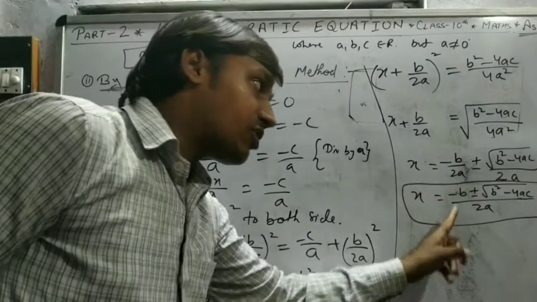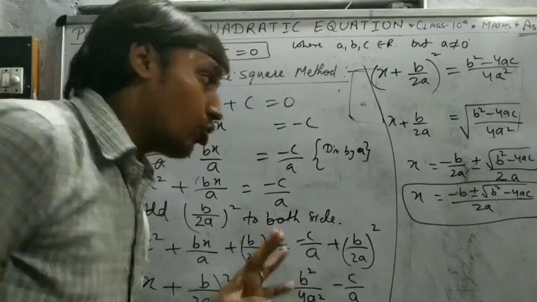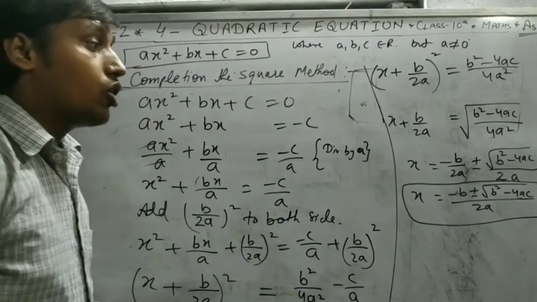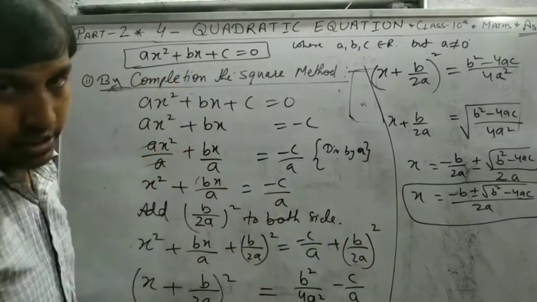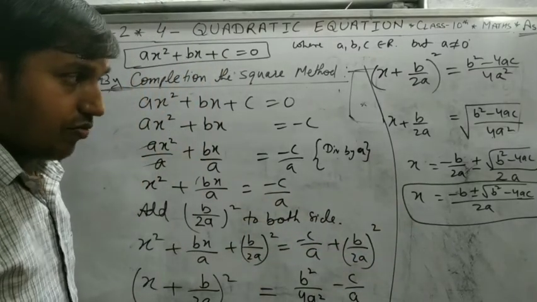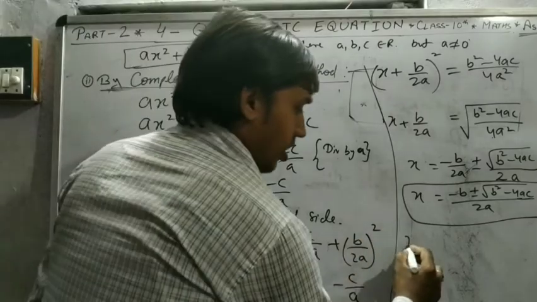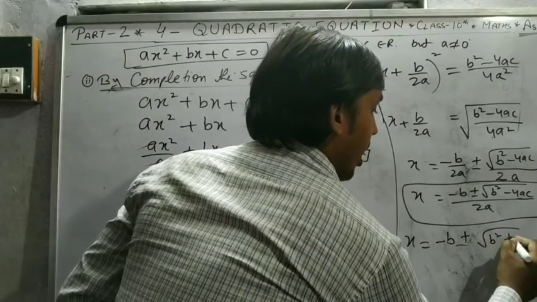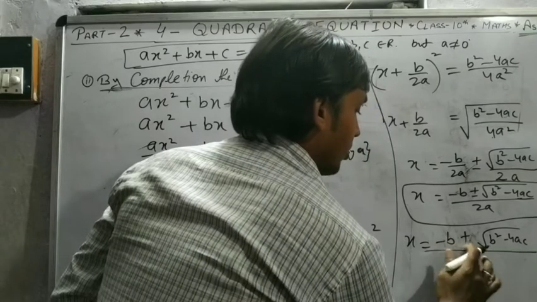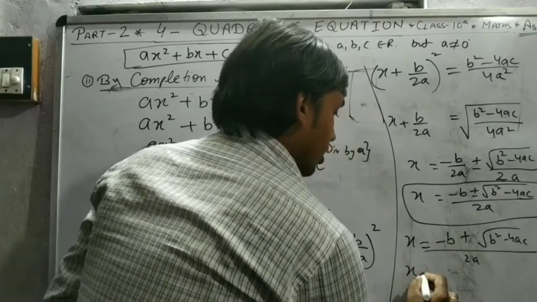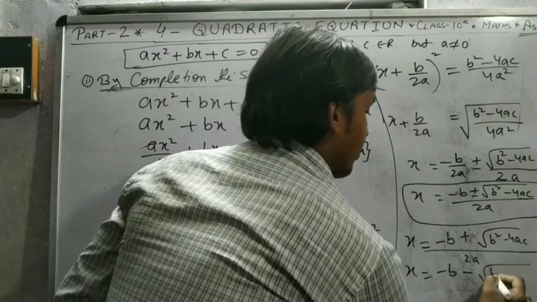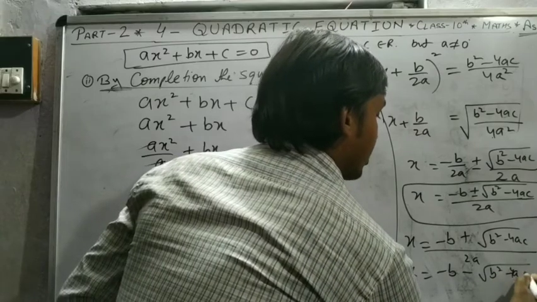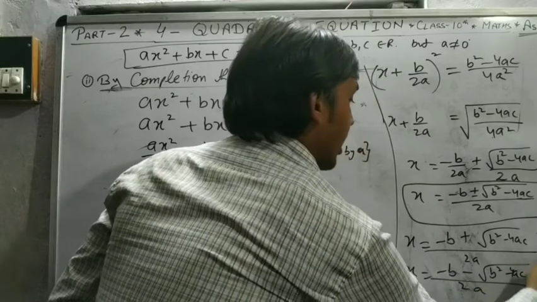First we take the positive sign, second we take the negative sign. So these are the two roots of this quadratic equation. First root, minus b plus square root of b square minus 4ac upon 2a. Second root, minus b minus square root of b square minus 4ac upon 2a.